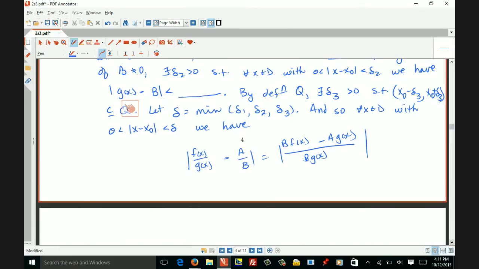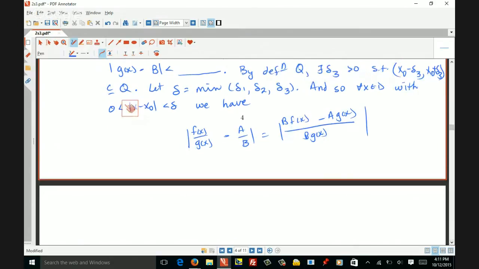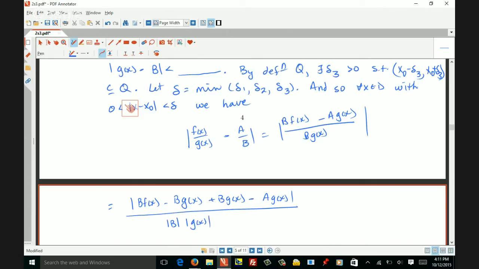Now we have to add and subtract something. Any suggestions? Let me split it. Well, yeah, I'll split it up. B f of x minus, how about a b g of x, so I can factor out that first b, plus b g of x minus a g of x. The absolute value through the numerator and denominator.